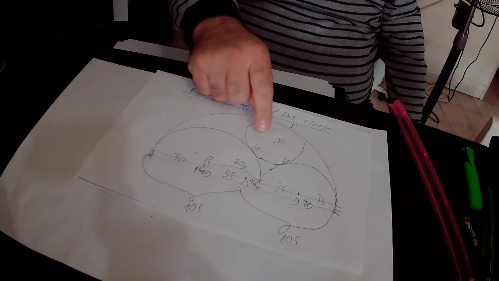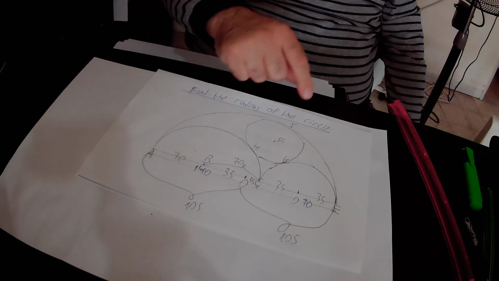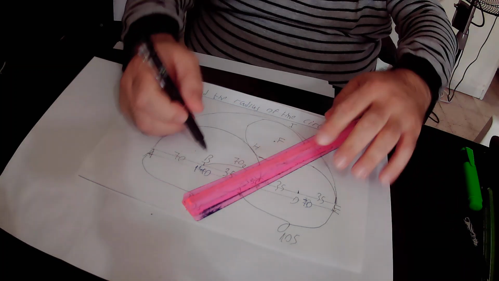The straight line BF must pass through their touching point, that is point H. Or BHF is one straight line.